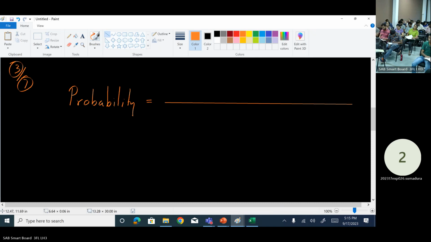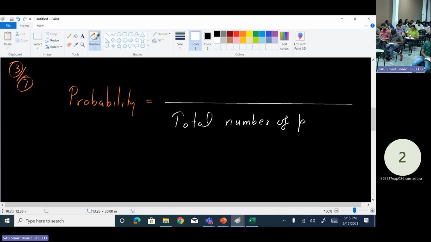In the denominator, total number of possibilities. Total number of possibilities in the denominator part. In the numerator part, in how many we are interested.